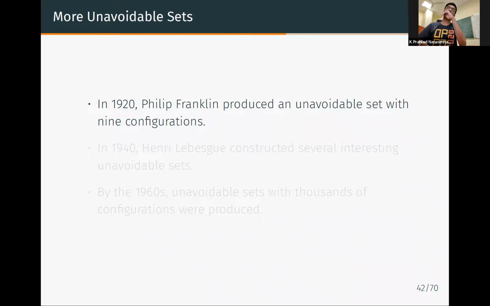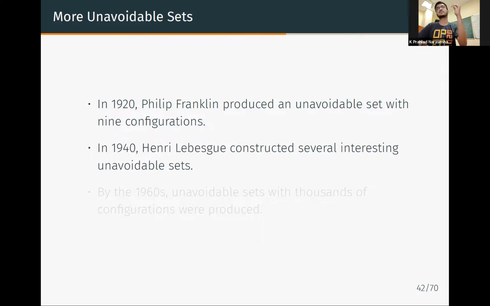So a lot of people started producing unavoidable sets because, as I said, they were important. In 1920, Philip Franklin, I think he was a PhD at MIT at the time, produced an unavoidable set with 9 configurations. In 1940, 20 years later, Henry Lebesgue, I think I'm pronouncing his name wrong, I'm sorry if there are any Germans in the audience.